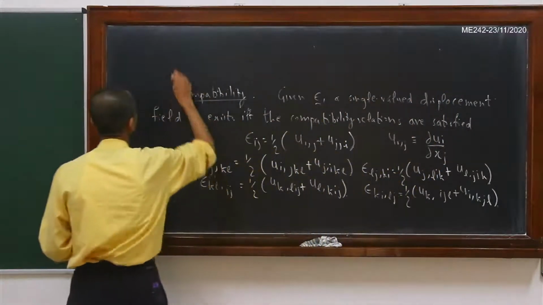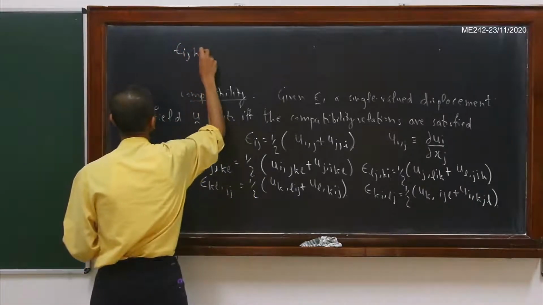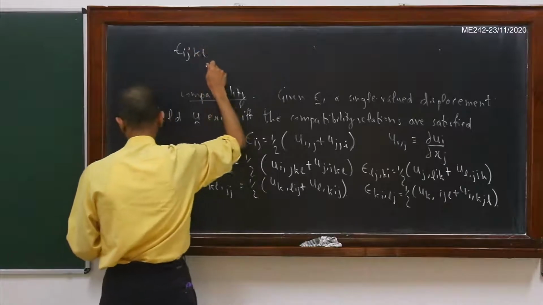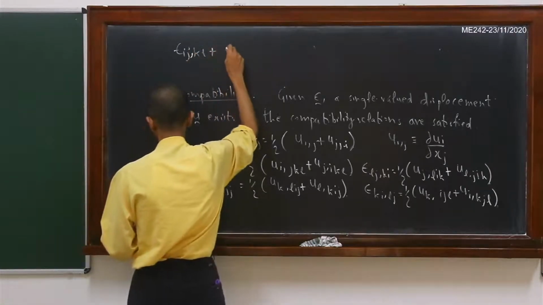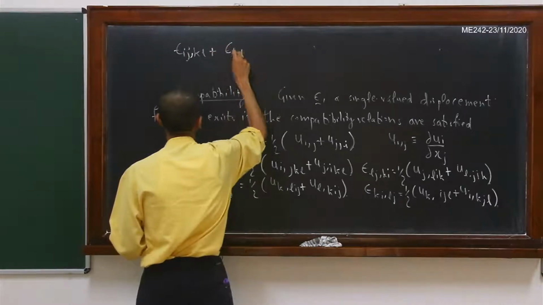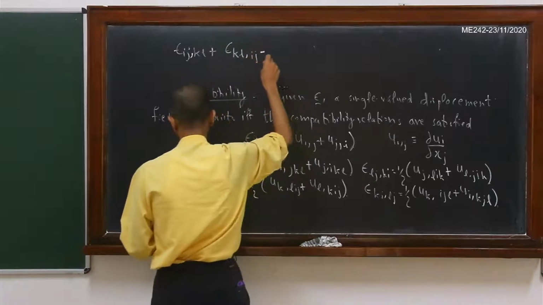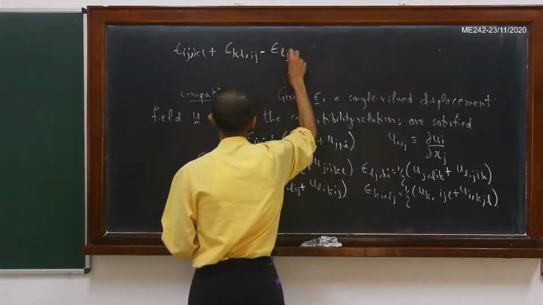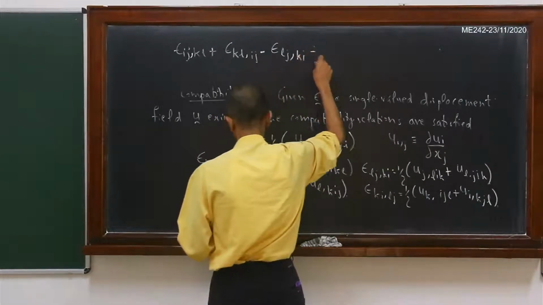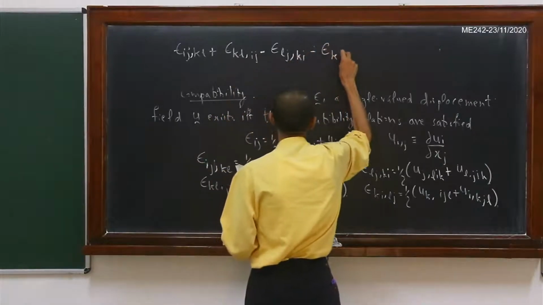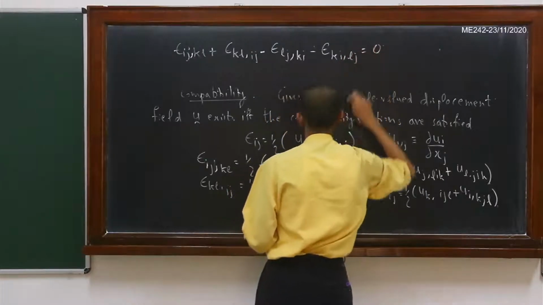Epsilon ij comma kl plus epsilon kl comma ij minus epsilon lj comma ki minus epsilon ki comma lj is equal to 0.